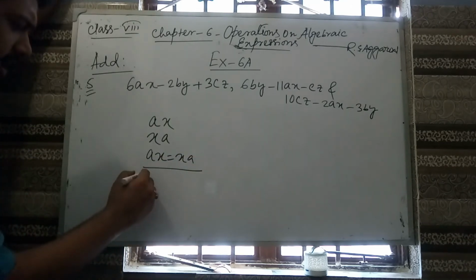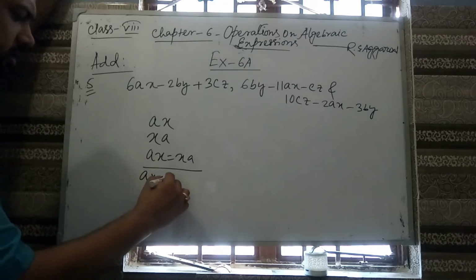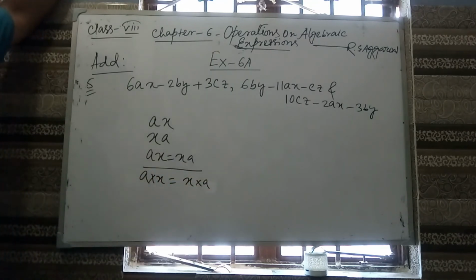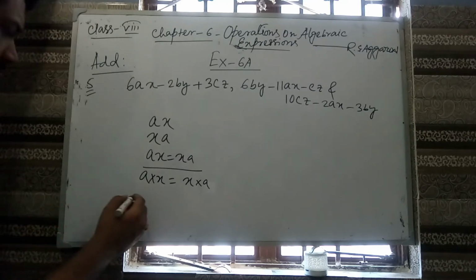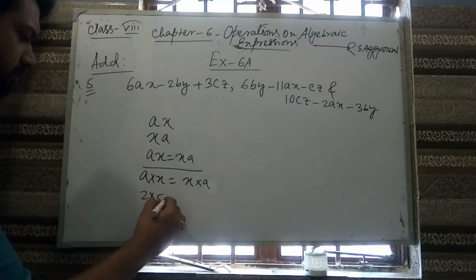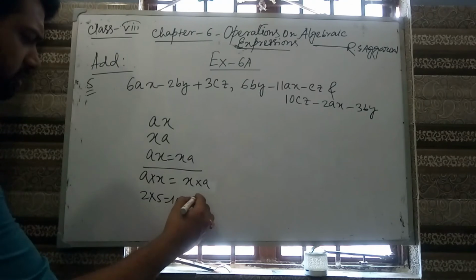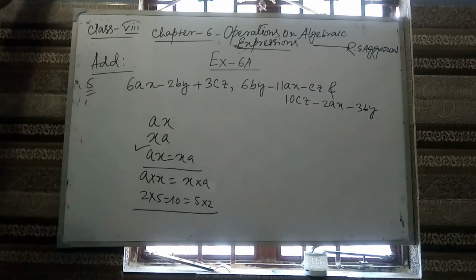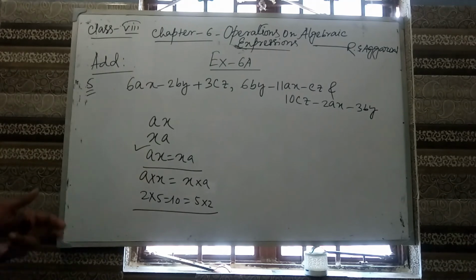Why? AX means A into X and XA means X into A. If we consider a numerical example, 2 into 5 gives you 10, and 10 is also equal to 5 into 2. So AX and XA are similar.